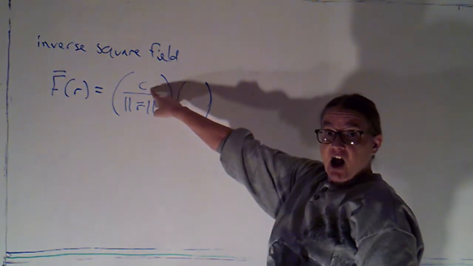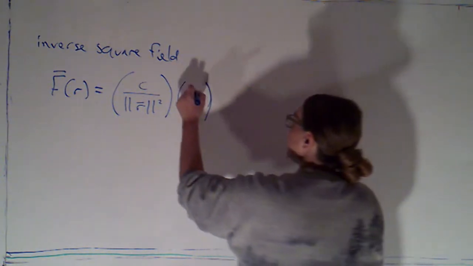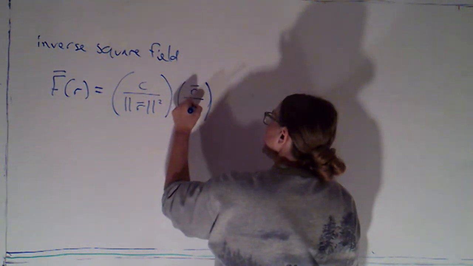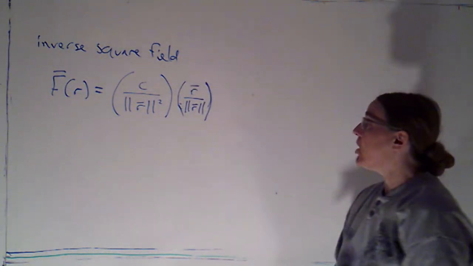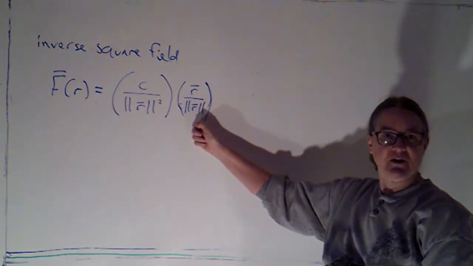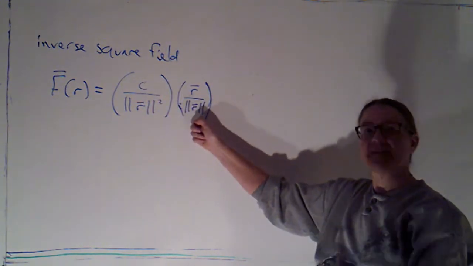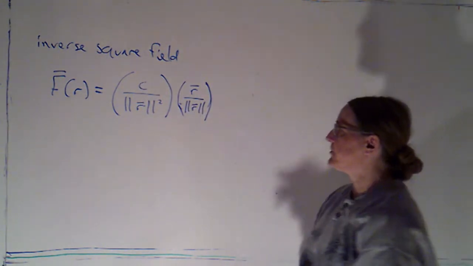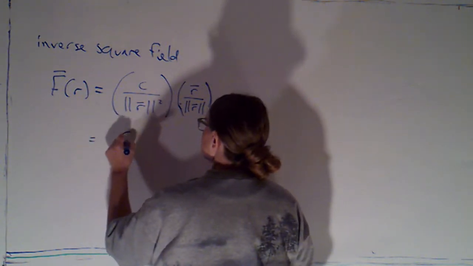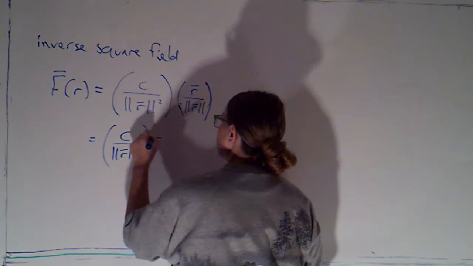I'm going to let that constant absorb the sign of the unit vector that points in the right direction. So here I'm just going to put the unit vector in the direction of r. If c is a positive constant, this is the direction in which the force acts. If c is a negative constant, this is pointing in the opposite direction from the force. And then we can simplify this to c over the magnitude of r cubed times r.